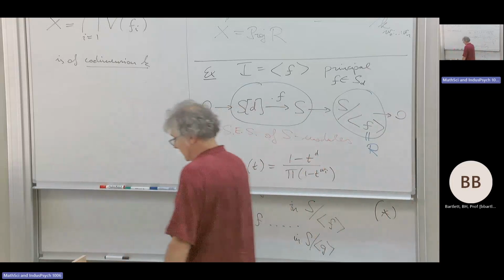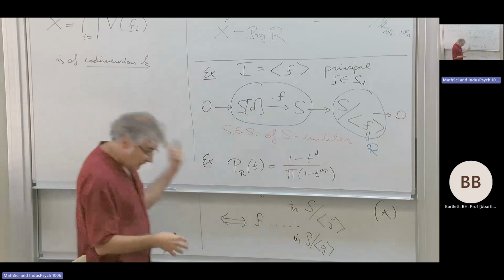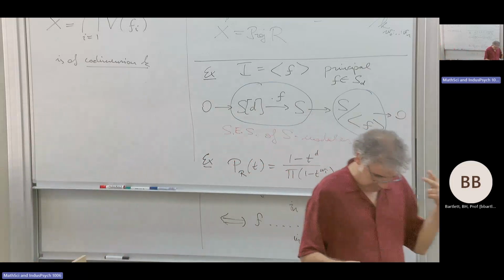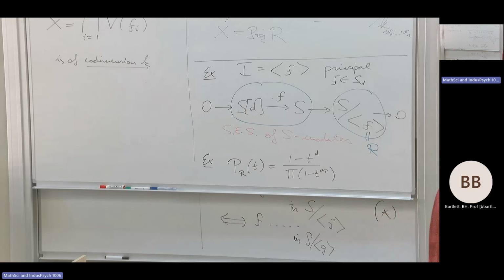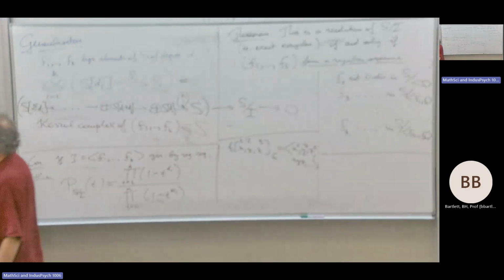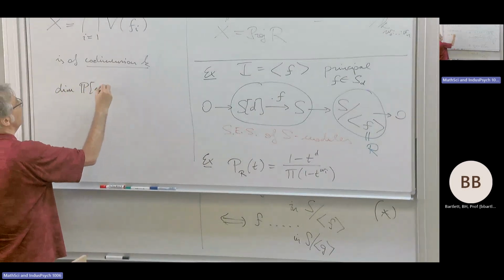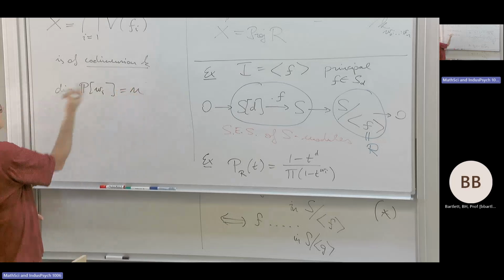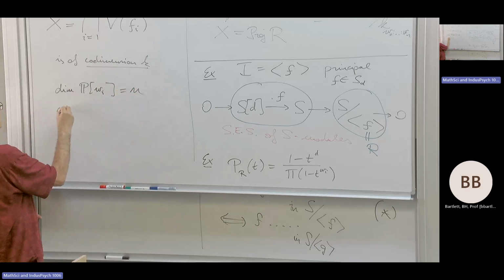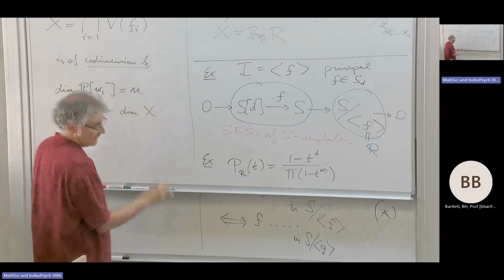So geometrically, this is a very natural notion: we take hypersurfaces, we intersect them, and we get one more condition. Codimension k here means that, with the dimension of this weighted projective space being n, the codimension of X is n minus the dimension of X as an algebraic variety.